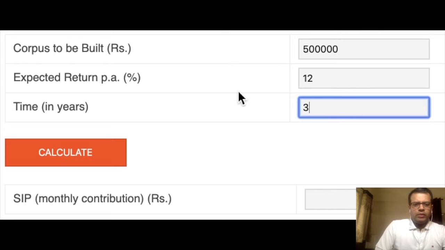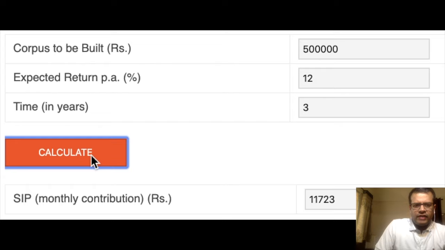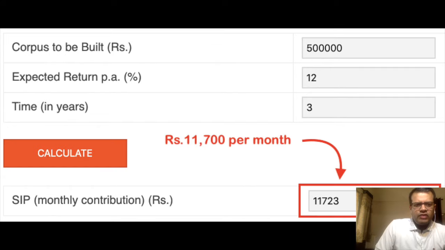Click the calculate button. Once you click, you will get a value here. This value tells you how much money you must invest each month to generate 5 lakh rupees after 3 years at 12% per annum. What is the answer? The answer is 11,700 rupees.